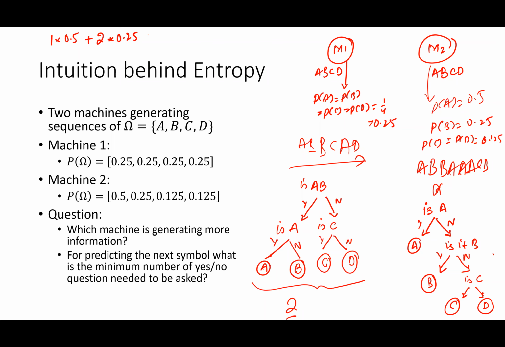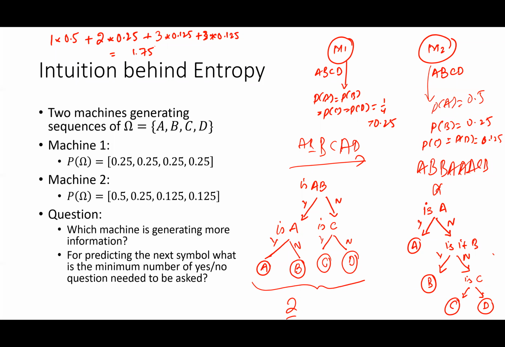Then we have to ask 3 questions in case of C, and its likelihood is 0.125, and again 3 questions in case of D. And if you calculate this out, it turns out to be 1.75. Fine, which is quite remarkable.